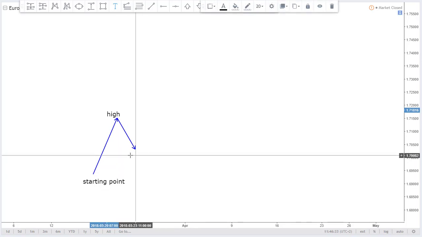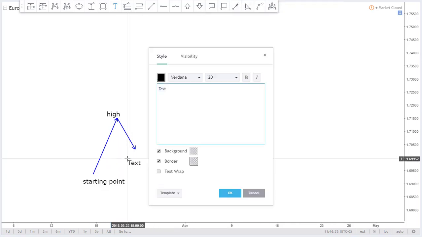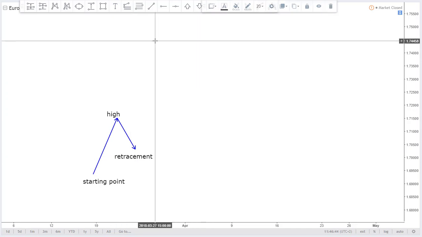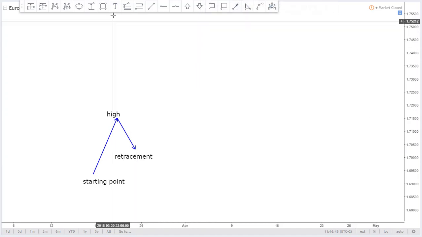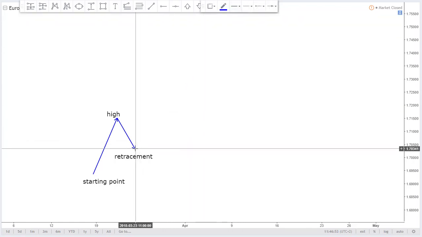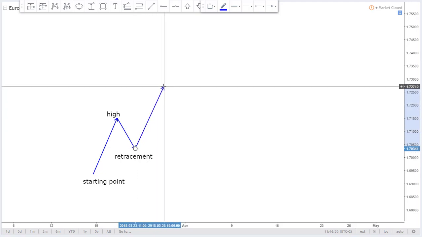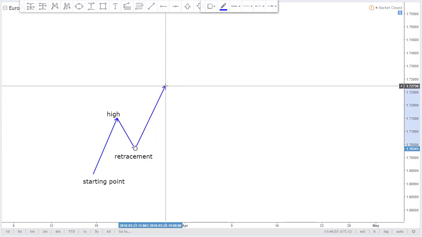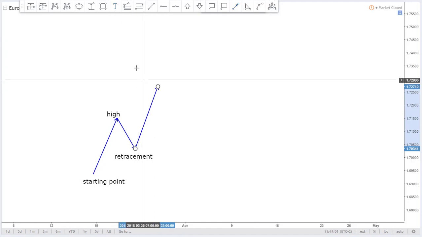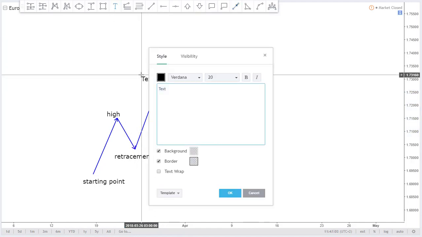Then over right here we have our retracement. In order for us to identify an uptrend, we need another recurrence of this pattern, which is a higher high. Let's label this a higher high right here.